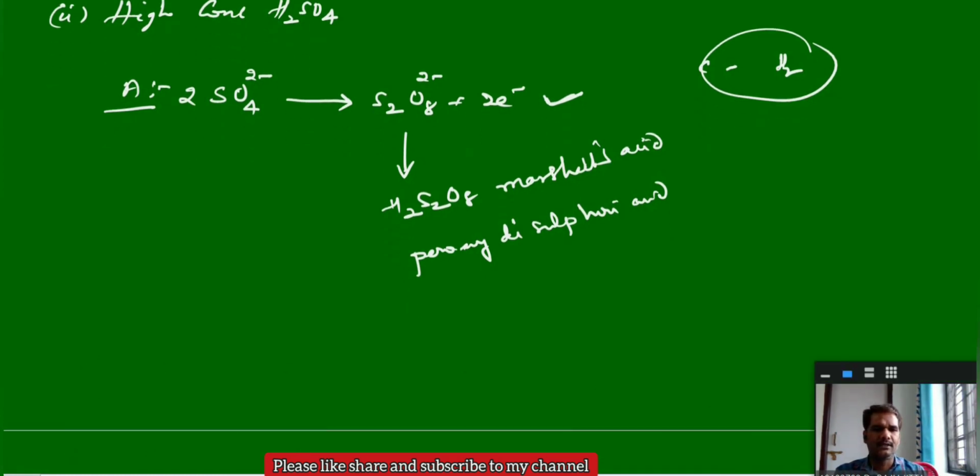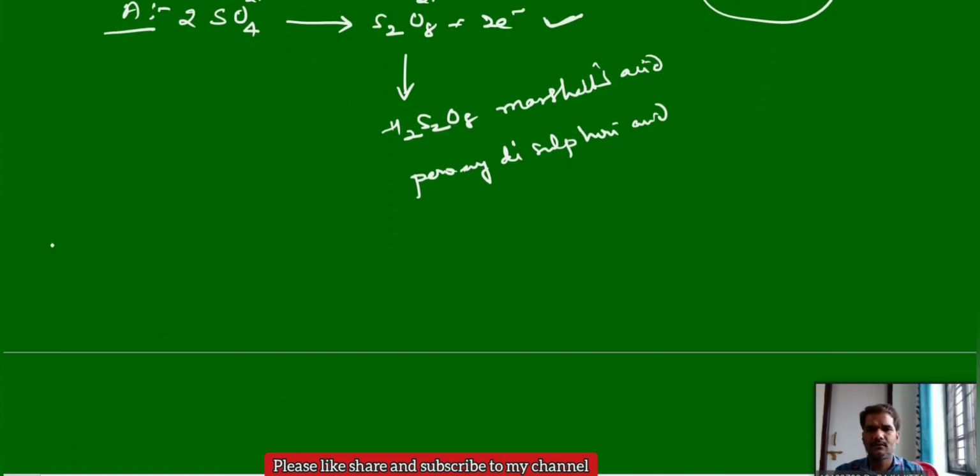And case 3, when you use 50% aqueous H2SO4. In that case, both reactions can take place. We have considerable amount of sulfate and considerable amount of OH minus.